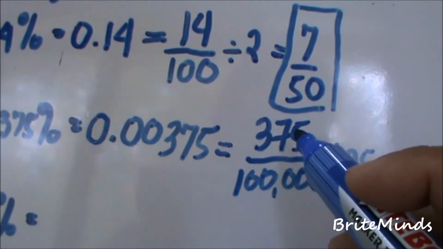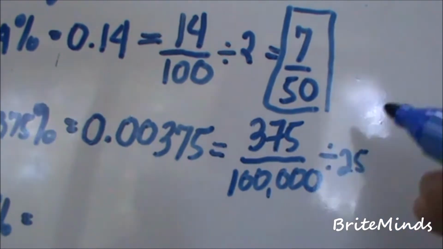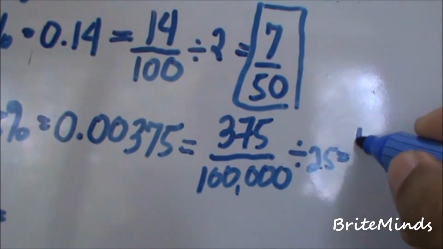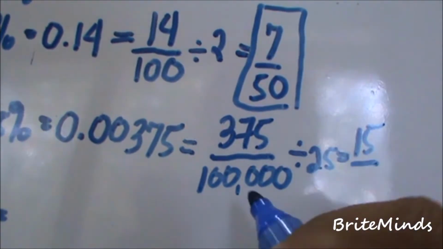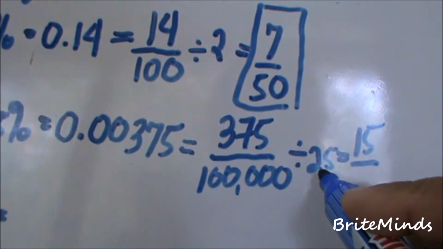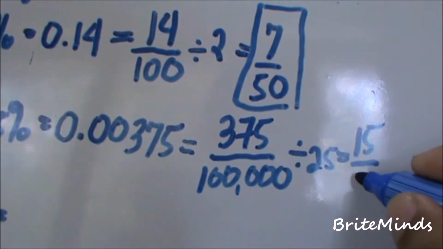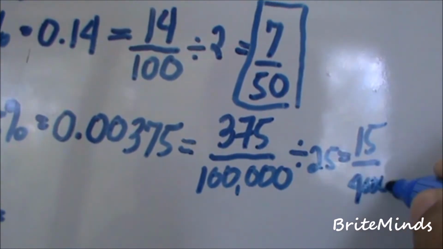So 375 divided by 25, the answer will be 15. Then 100,000 divided by 25 will be 4,000.